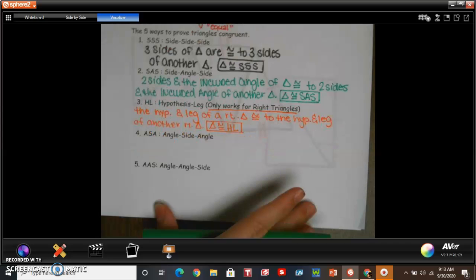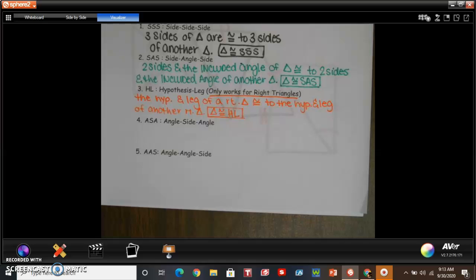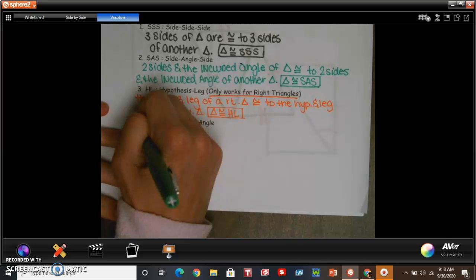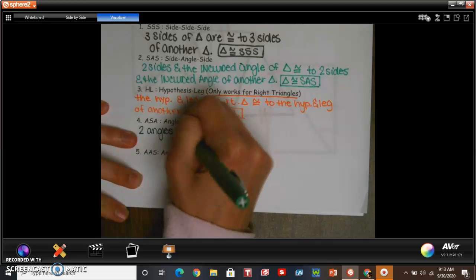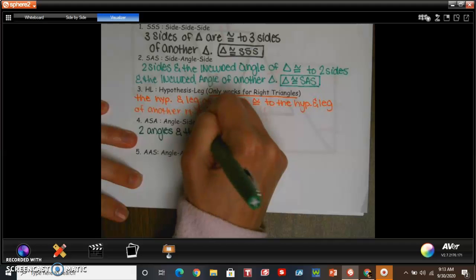2 more, and these look very similar. We have ASA and AAS. So please pay close attention to what we're doing with those sides, okay? So angle, side, angle. This is when you have 2 angles and the included side.